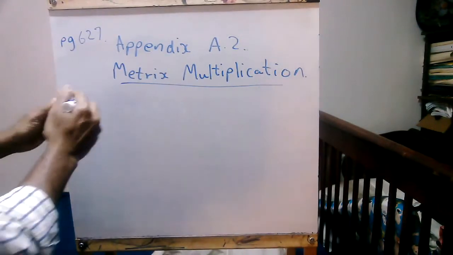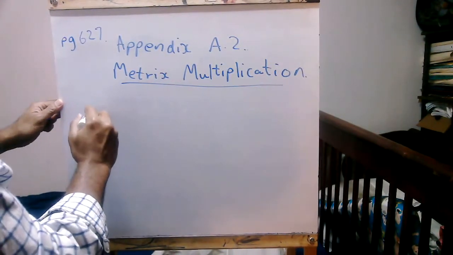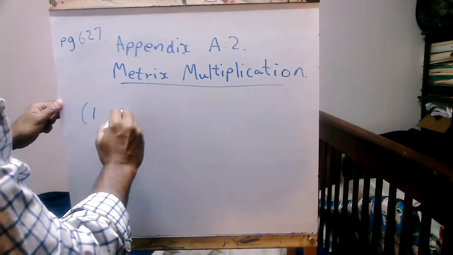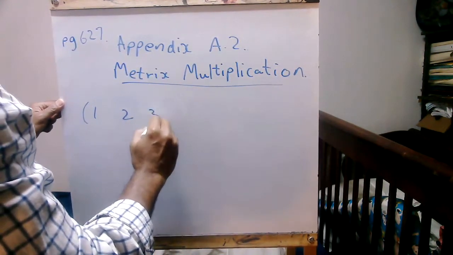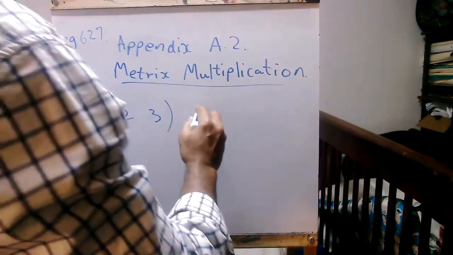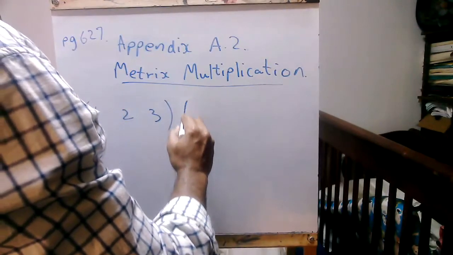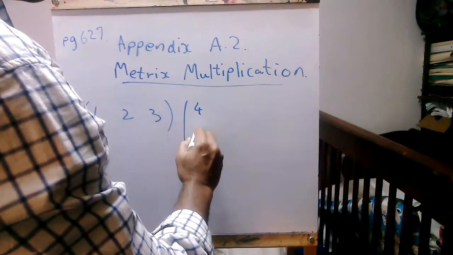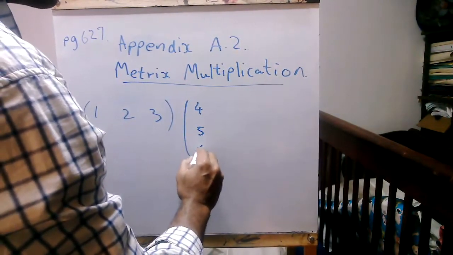So this is what I have: the row vector 1, 2, 3, and I have the column vector 4, 5, 6.